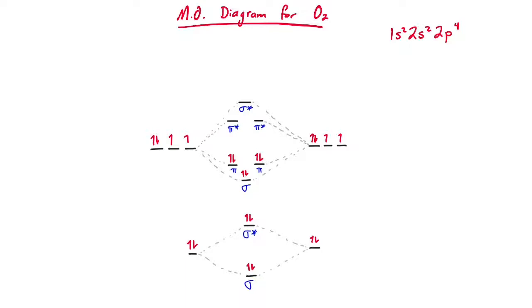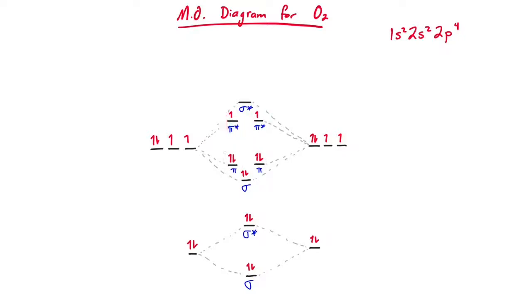And so that means that when we get to the pi stars, we're going to have to place 1 electron in each of the 2 pi star orbitals before we would pair up any of them. And so in this case, we only have 8 electrons total in the upper section. So that leaves us with these 2 electrons right here that are unpaired.